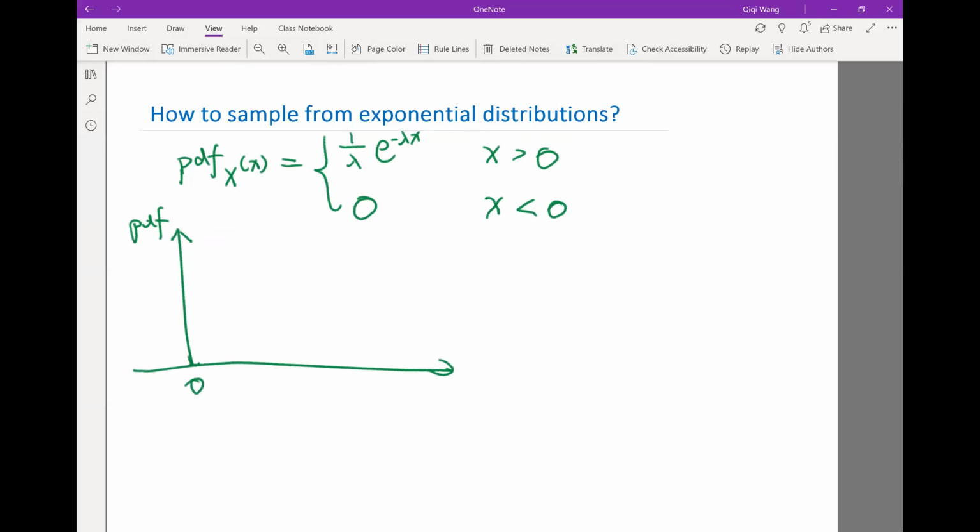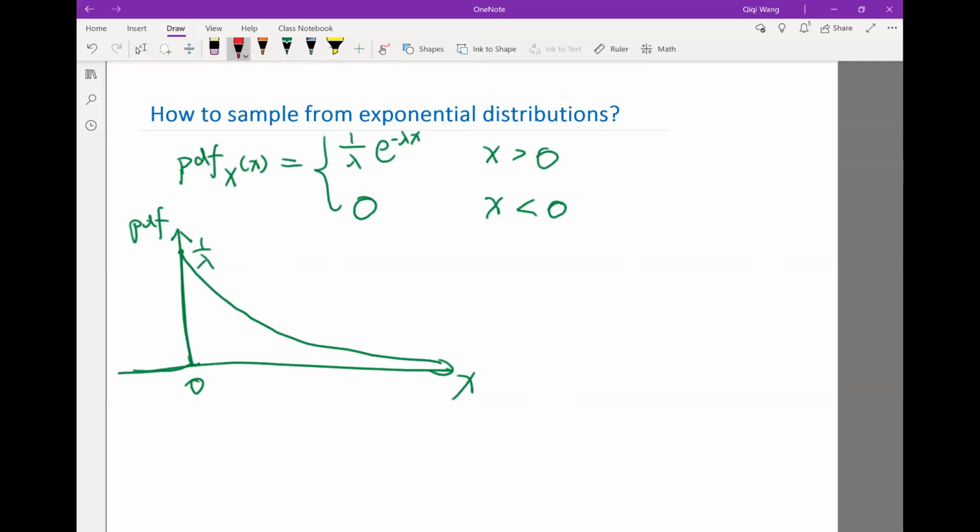So if this is 0, it's 0 here, and then it's like that, right? So the value here is 1 over lambda, and this is x. Okay, so this method I'm going to introduce here is called the inverse CDF method.